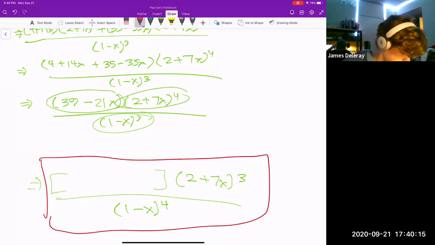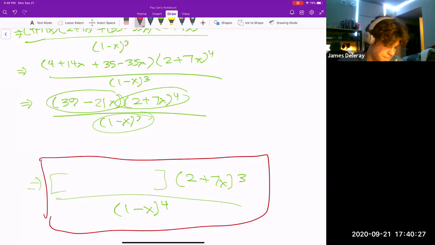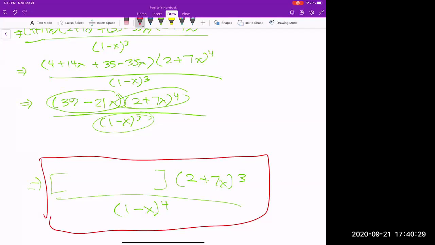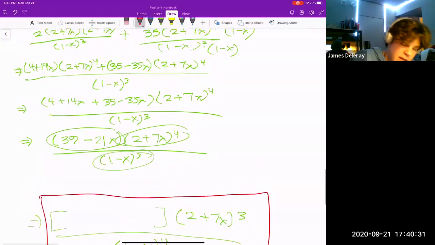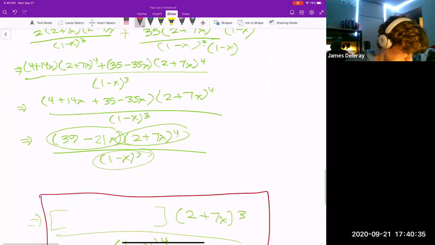Oof. I just ended up with a mess. Okay, what did you do first, and then how did it get to that point? I think everything's right, I did everything right, but it's still just a mess to simplify.